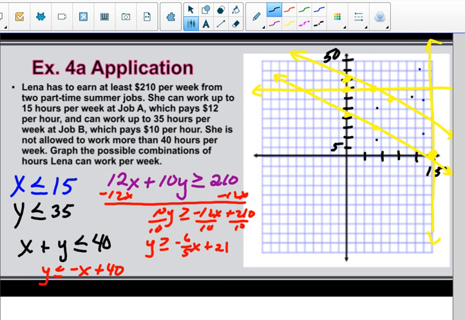Okay. And then it says y is less than or equal to negative x plus 40. So that's this upper diagonal line. So it's going to be less than that. So I have a point here, here, here, and here. Actually, it could be not here. And then we need the fourth line.